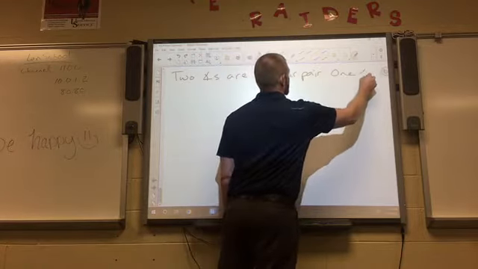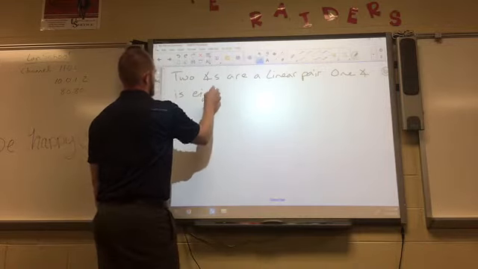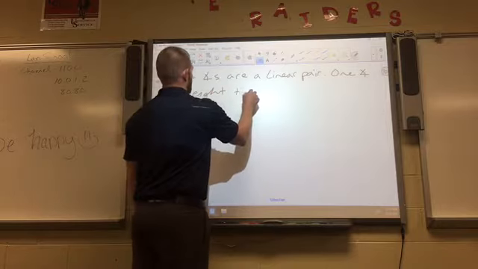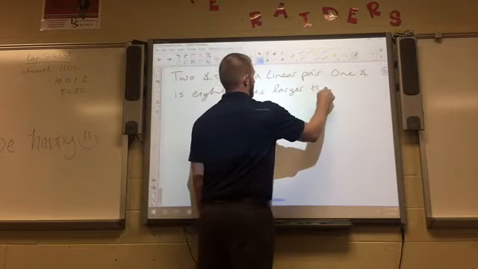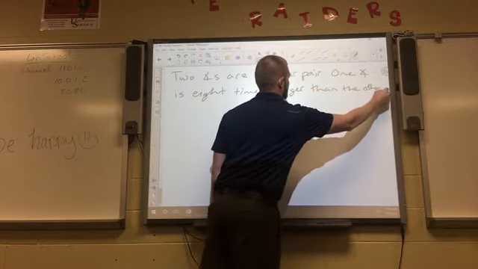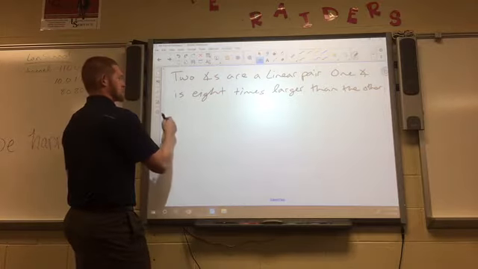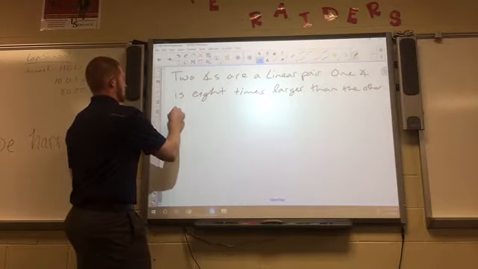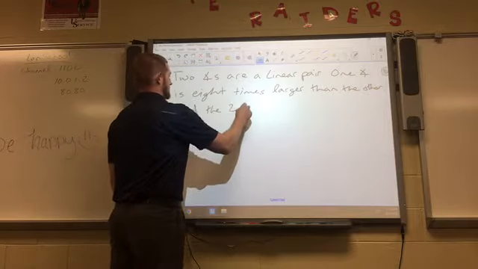One angle is 8 times larger than the other. You guys done problems like this before? I think you probably have similar problems at least. Find the 2 angle measures.